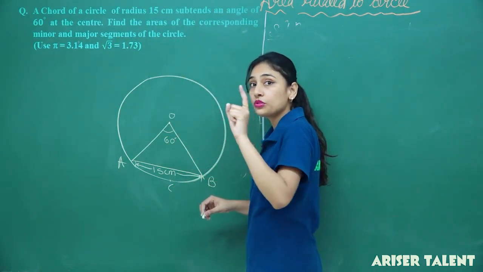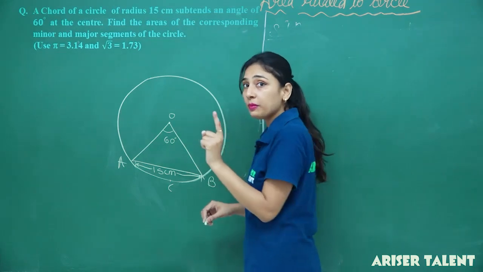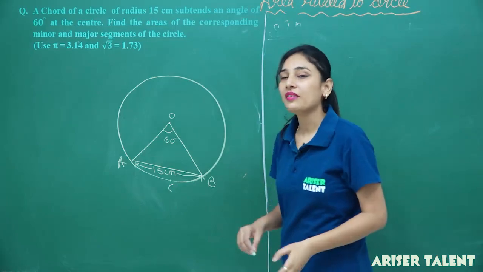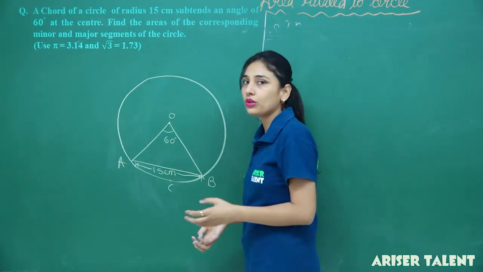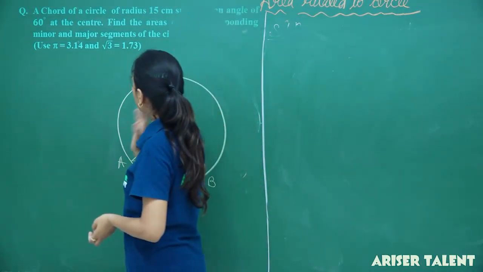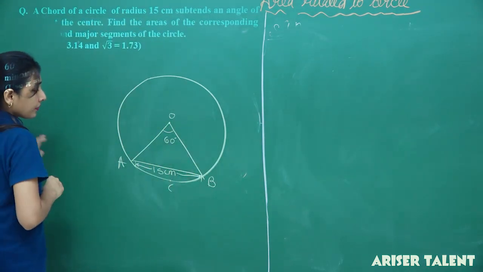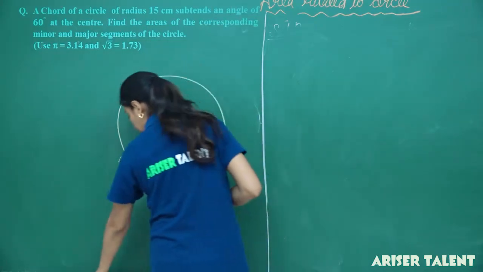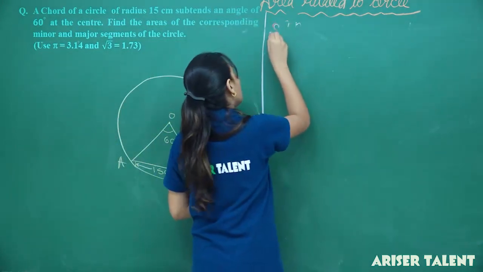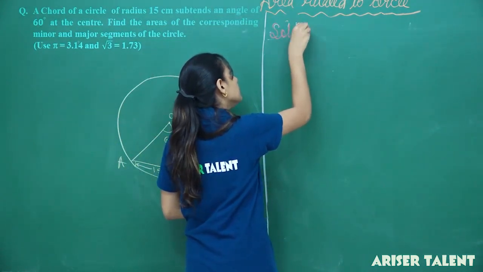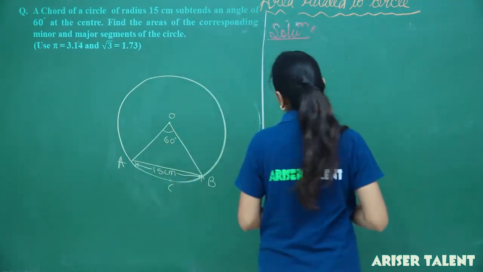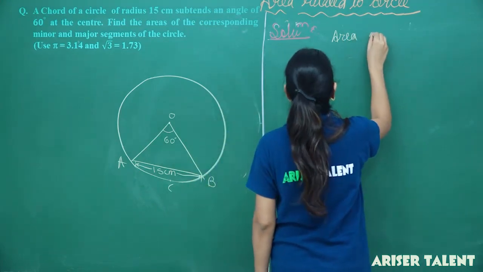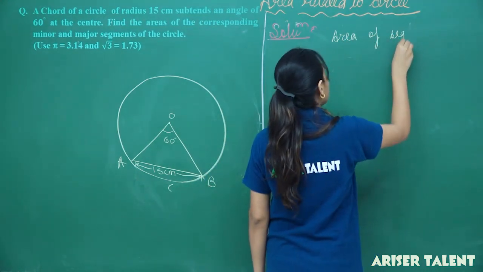We are not going to use pi equals 22 by 7 because here we have a value given, and root 3 equals 1.73. Just remember this value. You can use these values even if they are not given. Okay. Now, if I talk about the solution part, students, right? If I talk about the area of a segment, which segment?